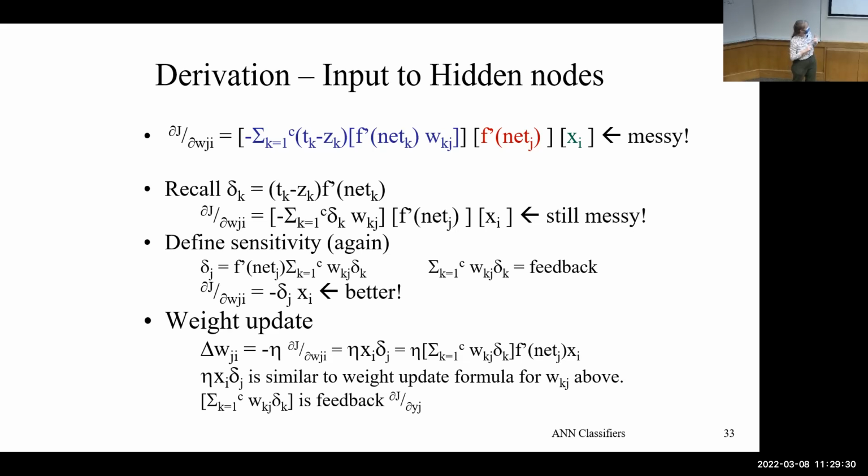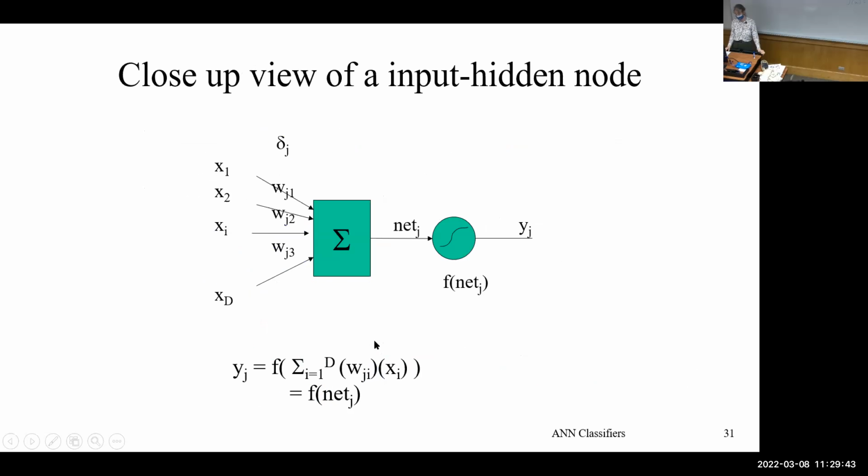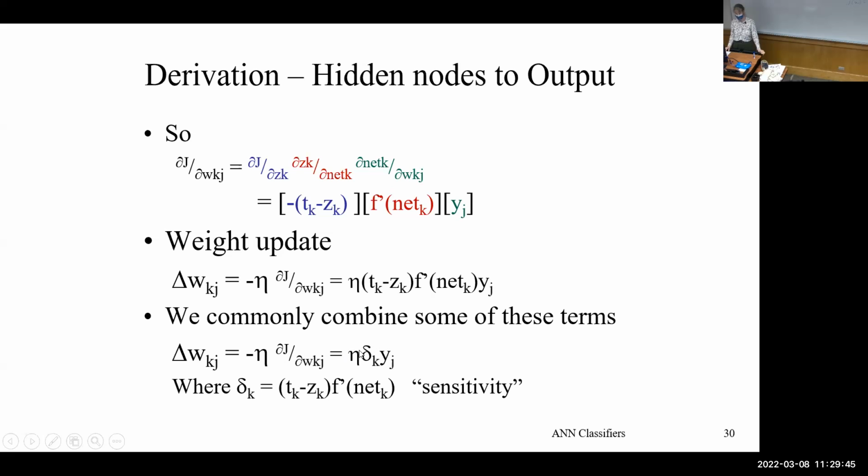And then with delta k and delta j, you can update your weights by this amount or this amount. So you need to have an eta value floating around someplace. We'll get to that.